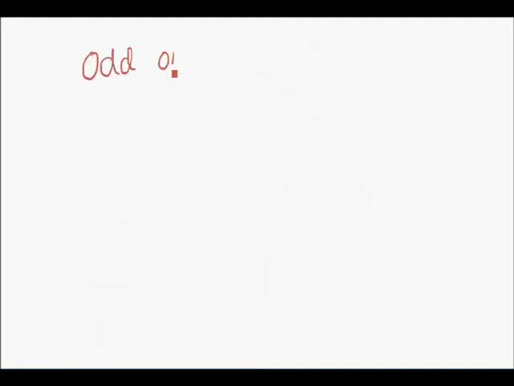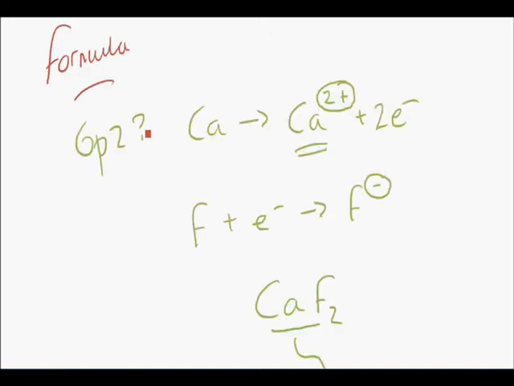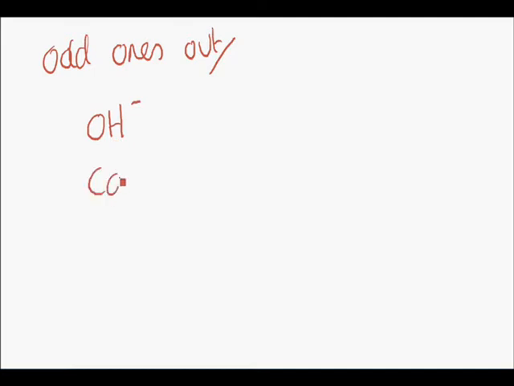There are some odd or unusual ions which you're just going to have to remember. The odd ones out. These are ones that you're going to have to commit to memory. You've got the hydroxide ion, OH-, which forms a 1-.